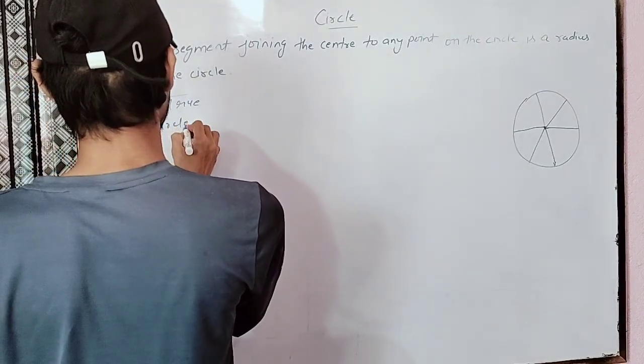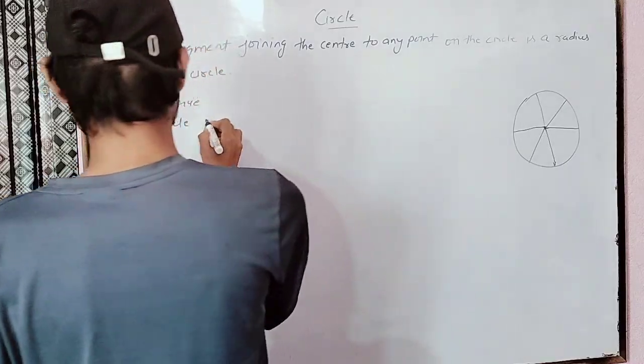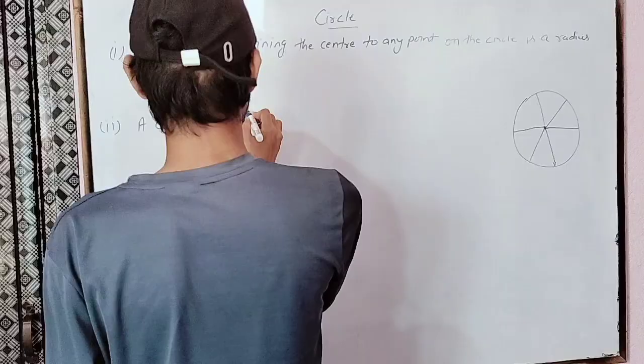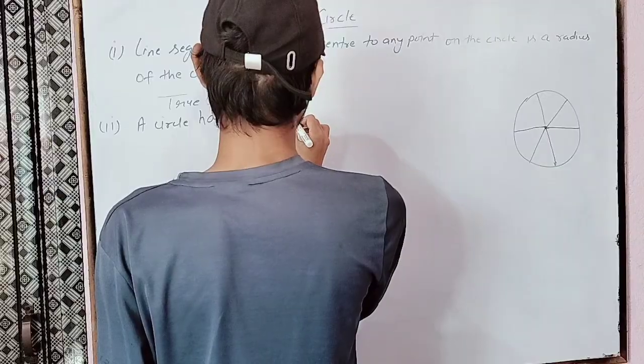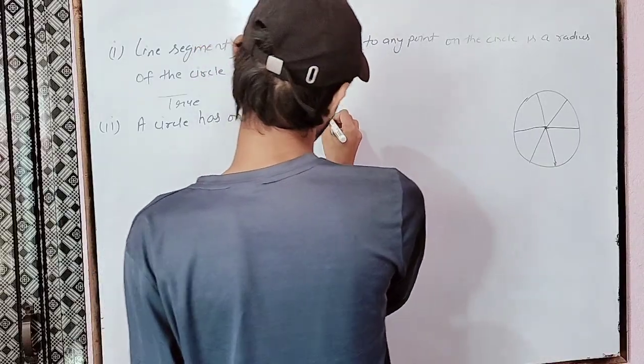Now next, a circle has only a finite number.